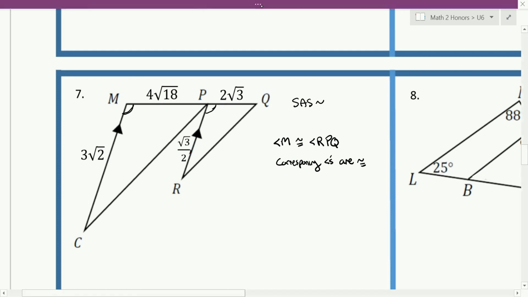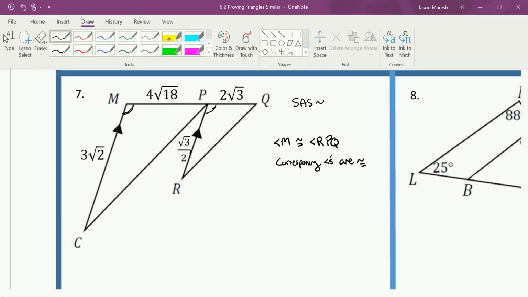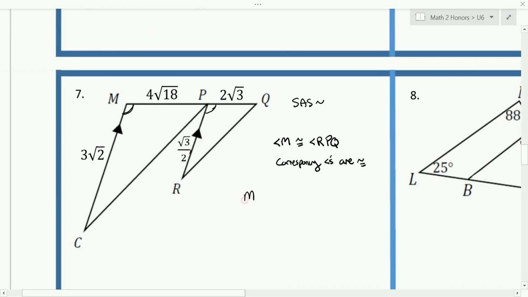So we'd like to show that MC over PR is equal to, careful, MP over MQ.